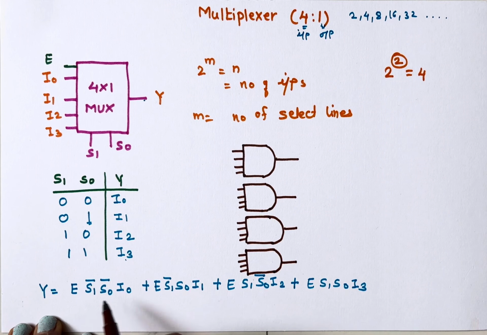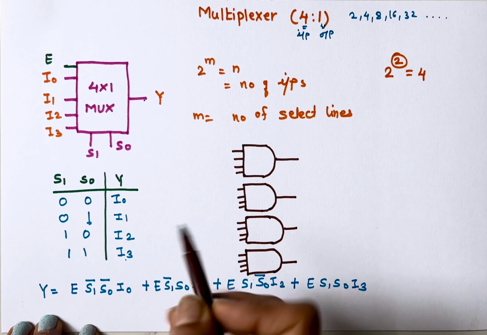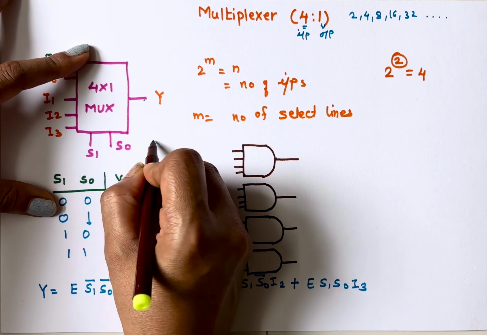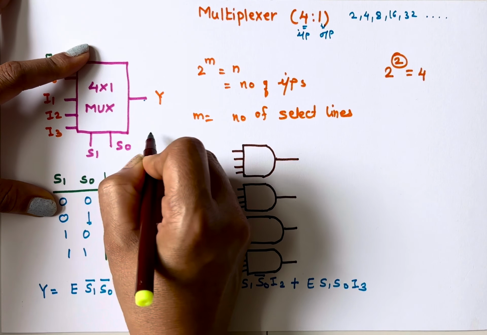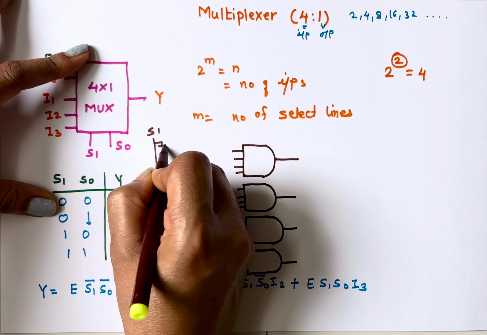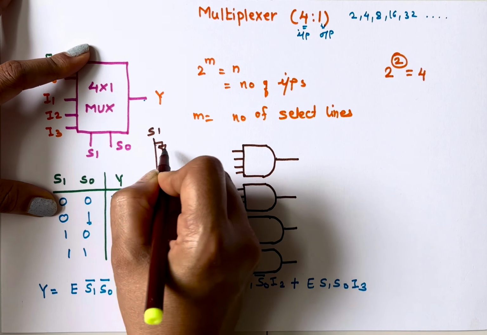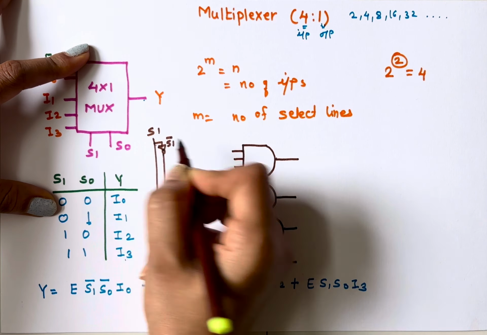The 4 inputs are enable, the input, and S0, S1 and their complements. So we need complements of S0 and S1. I'll write this line as S1, and by putting an inverter here, I'll get S1 bar.